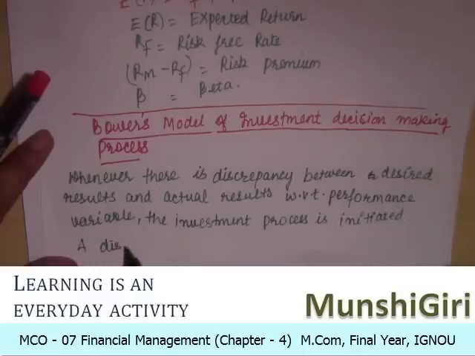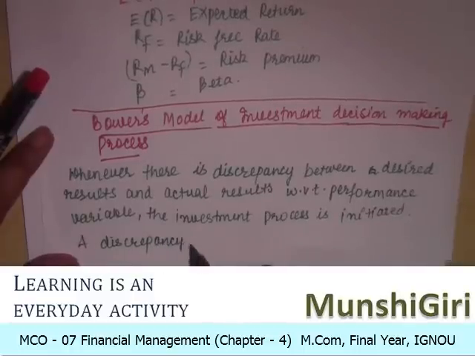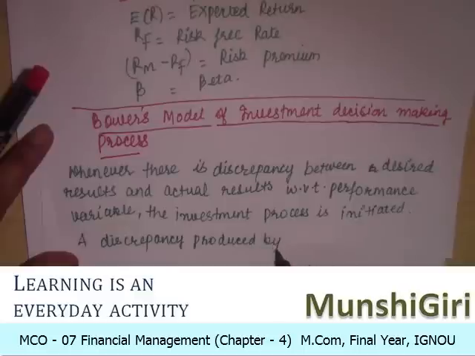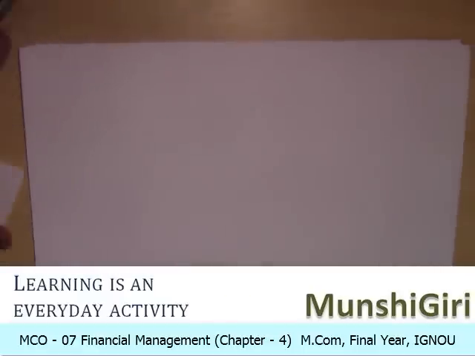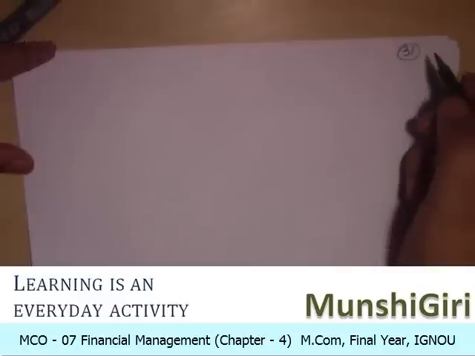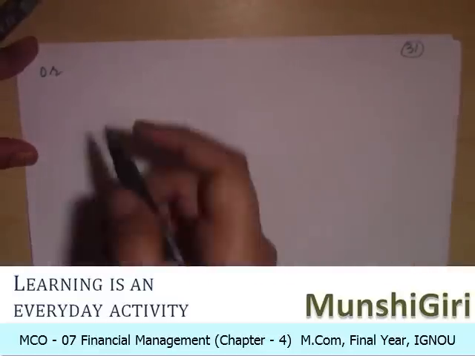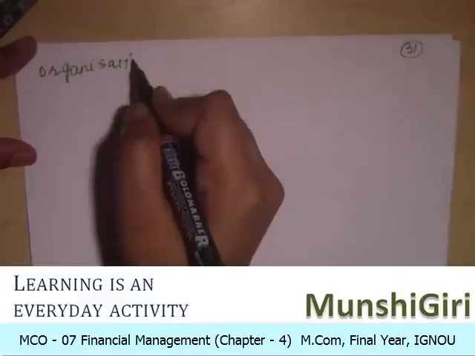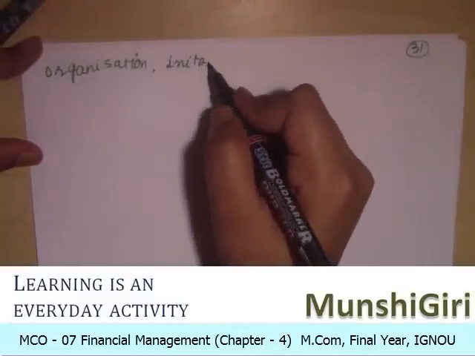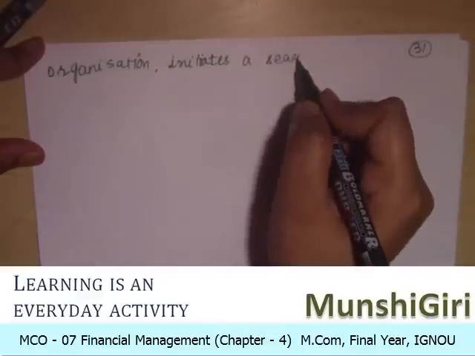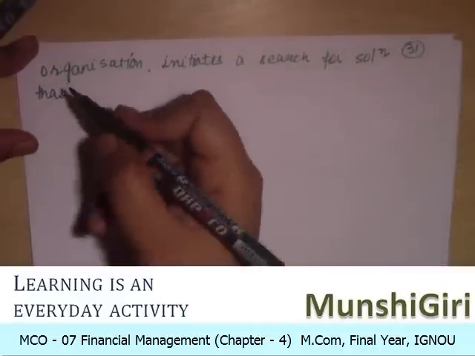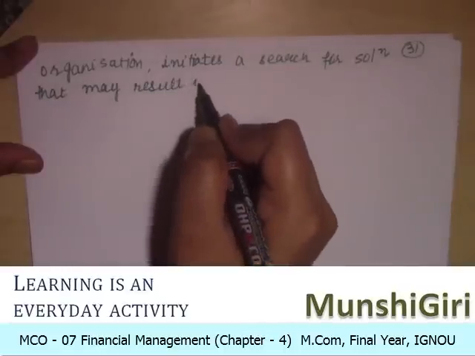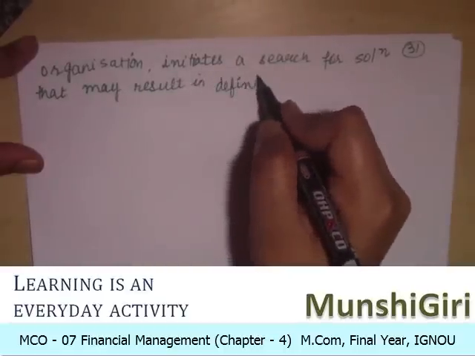A discrepancy produced by the information system of the organization initiates a search for a solution that may result in definition of a capital expenditure project.